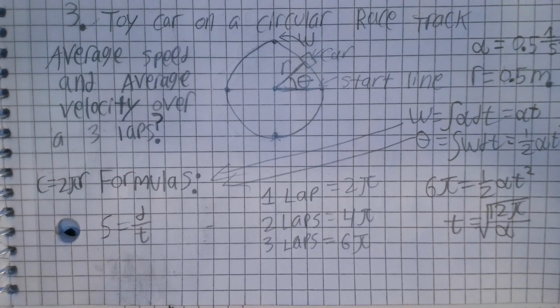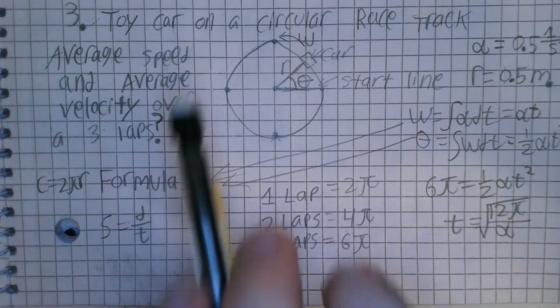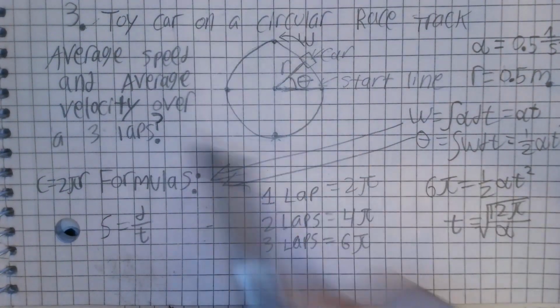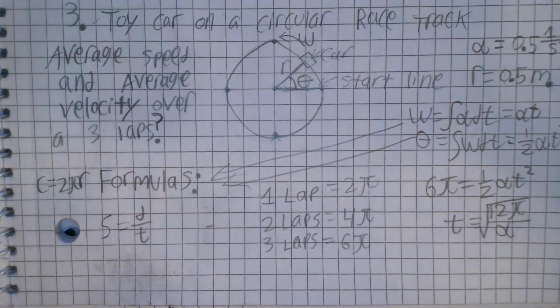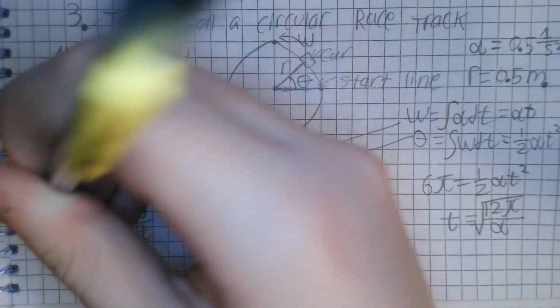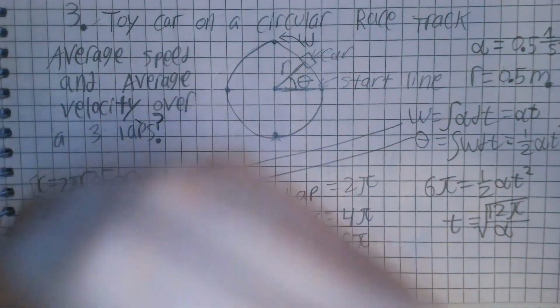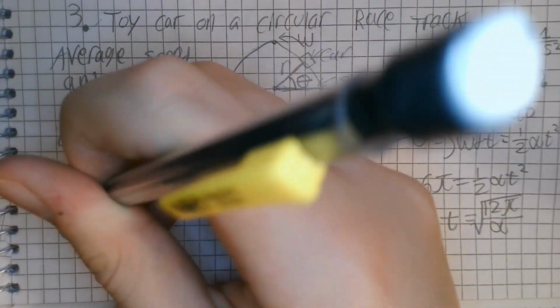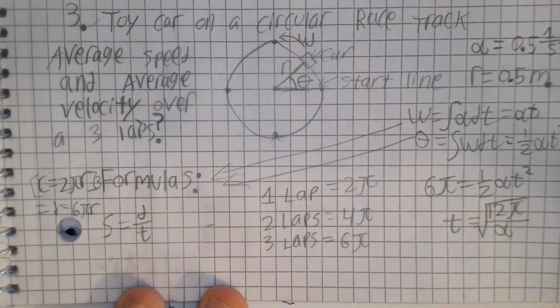But we're not just traveling the circumference of the circle. The circumference will be part of our distance, but we're going around 3 times because we're doing 3 whole laps. So multiply this by 3, and that's going to be equal to our distance, which in this case will be equal to 6 pi r.